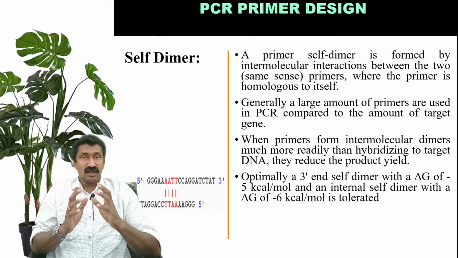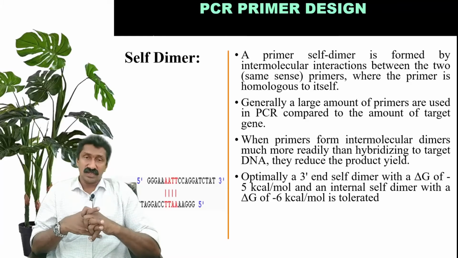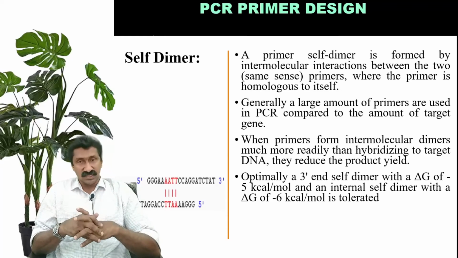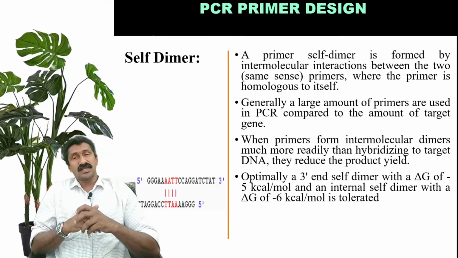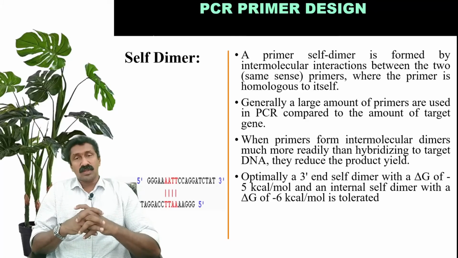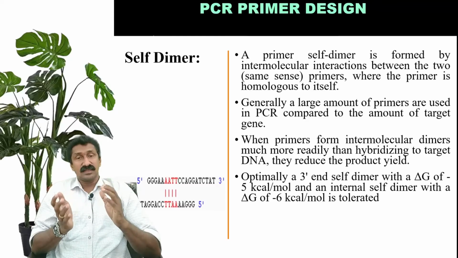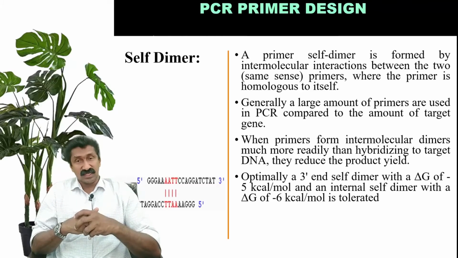Generally a large amount of primers is used in PCR compared to the amount of the target gene. When primers form dimers much more readily than hybridizing to target DNA, they reduce the product yield.